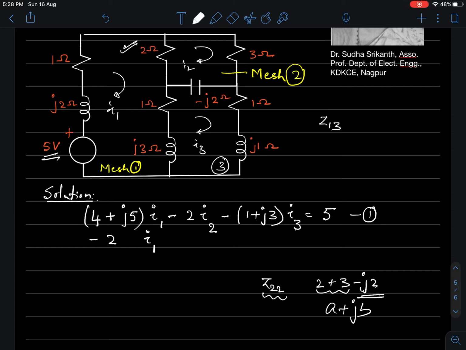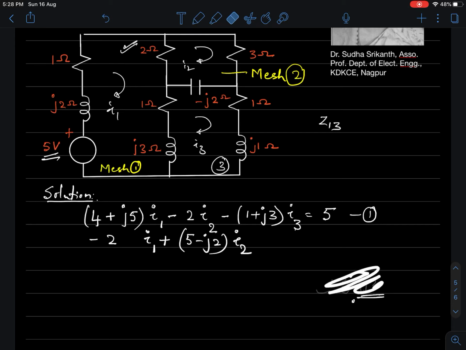This is how we represent the impedance, plus or minus for that matter. We can add 2 and 3 and that becomes 5. I take it with a plus sign because it is the self impedance. This is 5 minus J2, multiplied with I2.